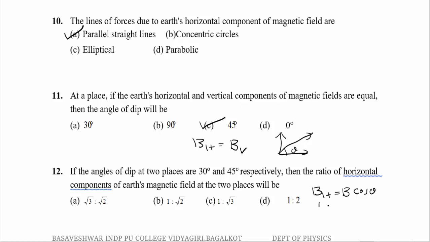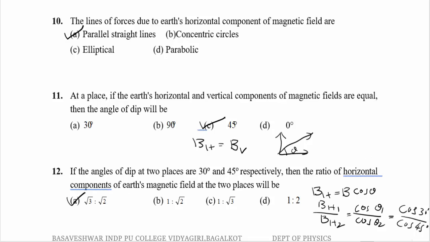Then BH1 by BH2 equal to cos theta 1 divided by cos theta 2. Cos theta 1, cos 30, cos theta 2, cos 45 degree. Substitute cos 30 and cos 45, you will get the correct option as root 3 is to root 2.